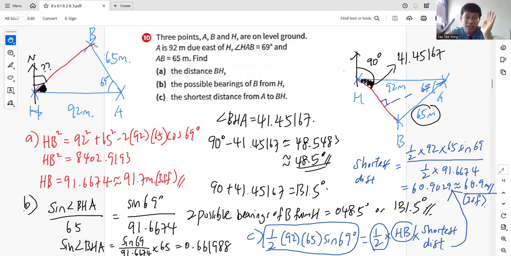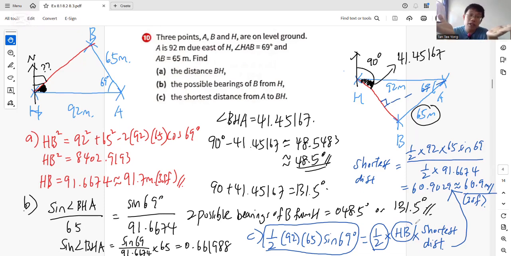The height is the shortest distance which I labeled, and the base is HB, because the shortest distance goes towards HB, the base perpendicular to the height. We found HB in part A, which is 91.6674. So that's why we can use this property to find the shortest distance from A to BH.